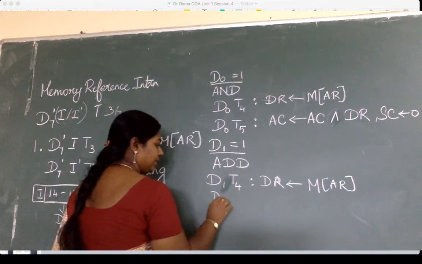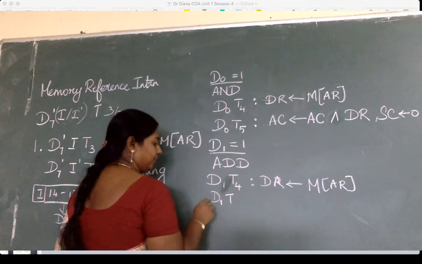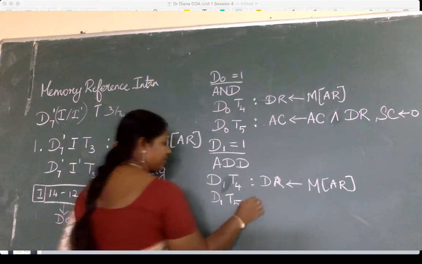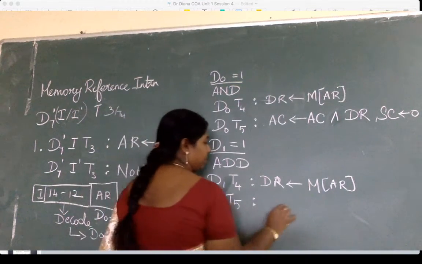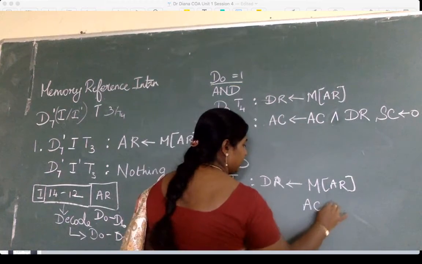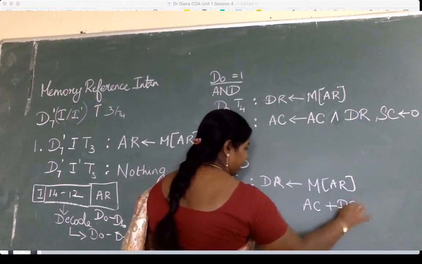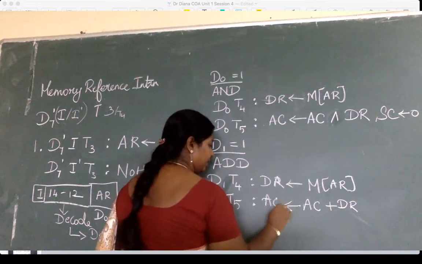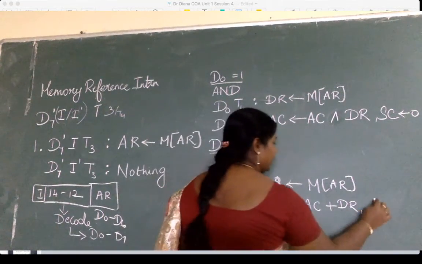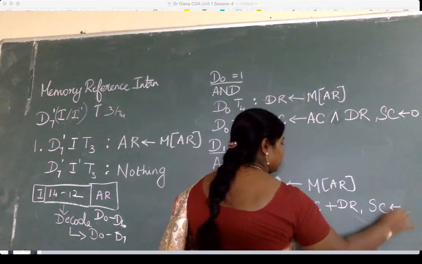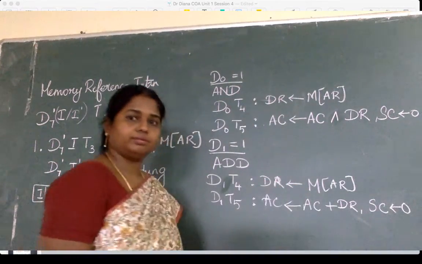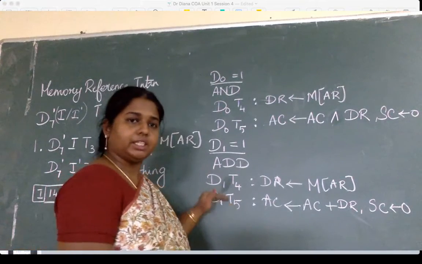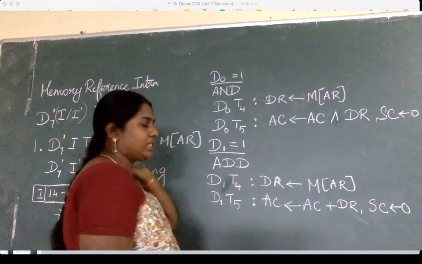Then when D1 is 1 and time cycle T5, I perform the add operation between the accumulator and the data register and store the result into the accumulator, and then I clear off the sequence counter. So the sequence counter is now cleared. So it indicates that this execution is complete.